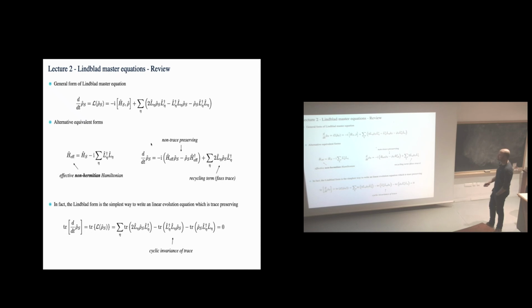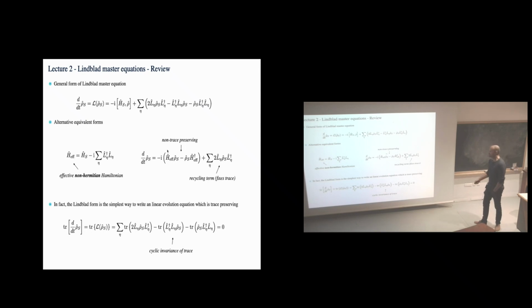I can write the first part of the evolution as this almost von Neumann equation. Here I had really the commutator of the Hamiltonian with the density matrix, but here I have to be careful because my Hamiltonian is now non-Hermitian, so I have to write it like H effective rho minus rho H effective dagger.